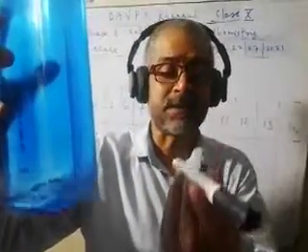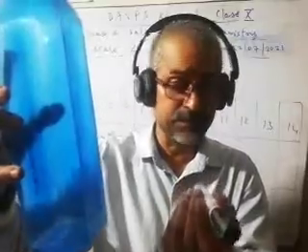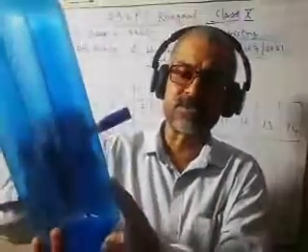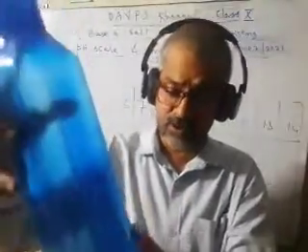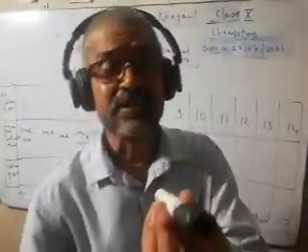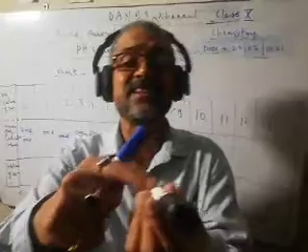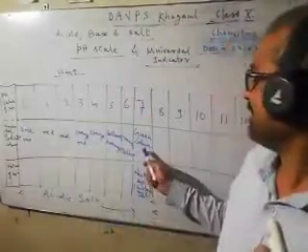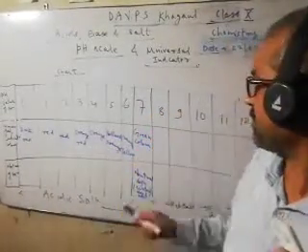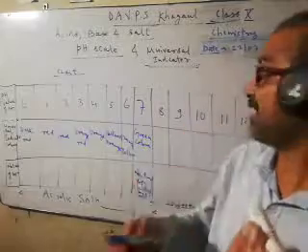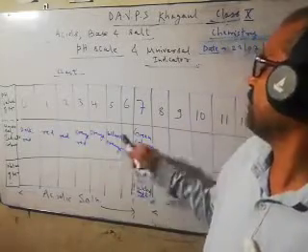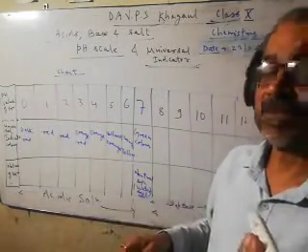Universal indicator paper is in the lab. You will take the universal indicator paper and put a few drops of this solution on it. If the color is green, then the nature of solution is neutral. If the color is greenish yellow, then pH value is 6.